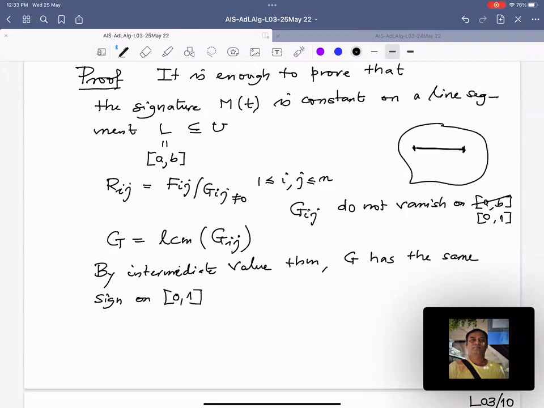The polynomial can't have different signs on this interval, because otherwise it will cross and it will have a 0 there. And that is not possible because we are assuming G_ij are not vanishing at any point in the interval.